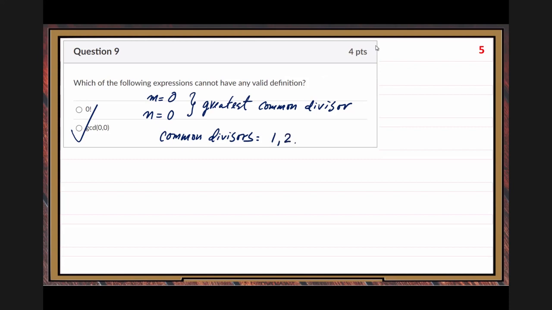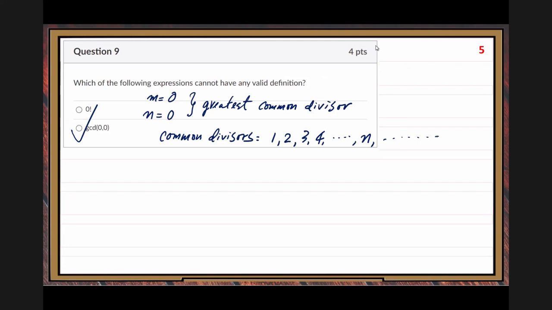How about 2? Is 2 a common divisor? 3 common divisor, right? 4 common divisor, all the way, any positive integer is a common divisor, and you can go to infinity, right? Which one is the greatest? No greatest.